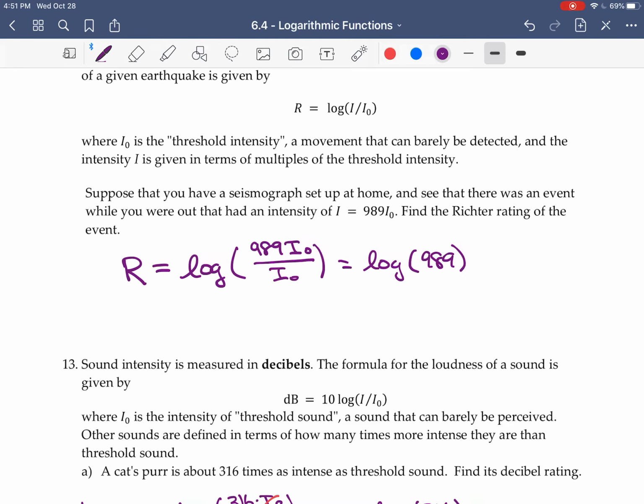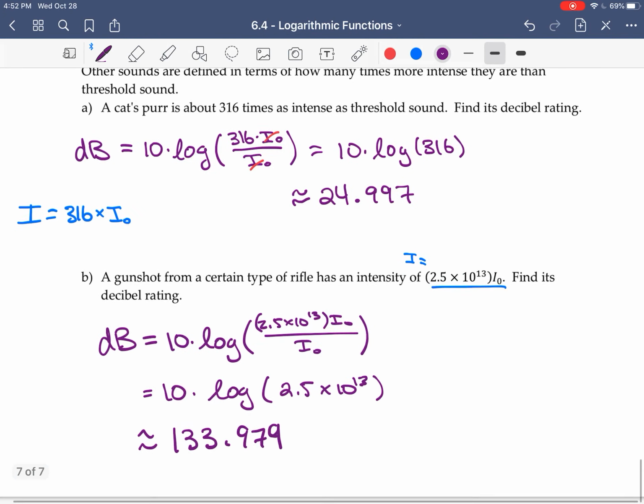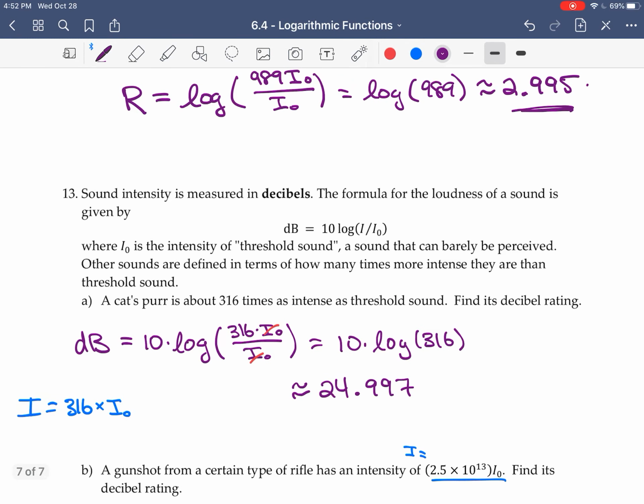If you compute that, you get approximately 2.995. That would be the Richter rating for that event. So those are using logs in some different scenarios. That's sort of the basics for logarithms.